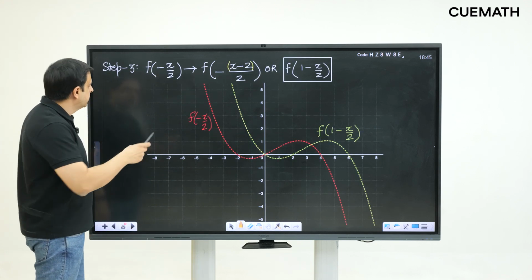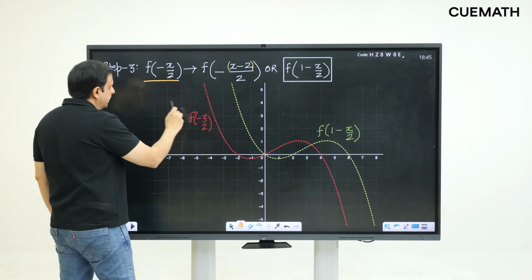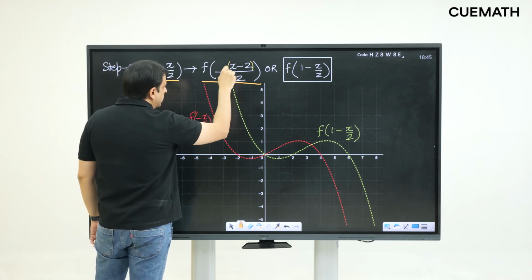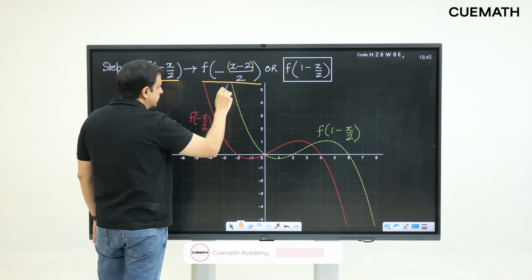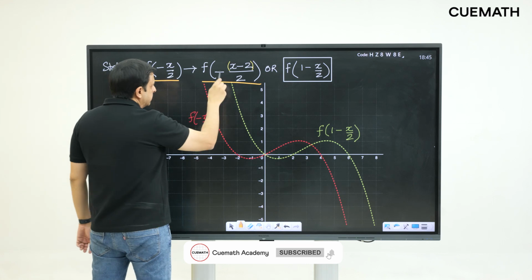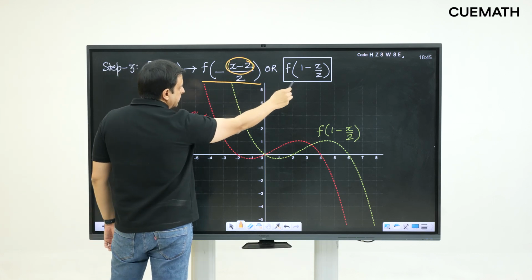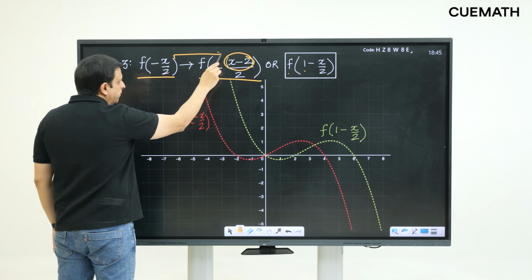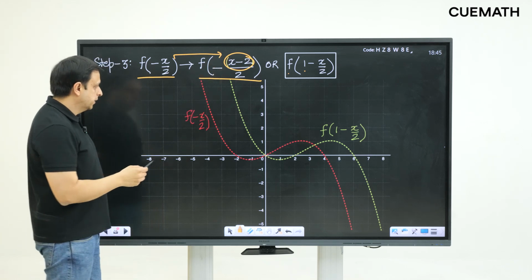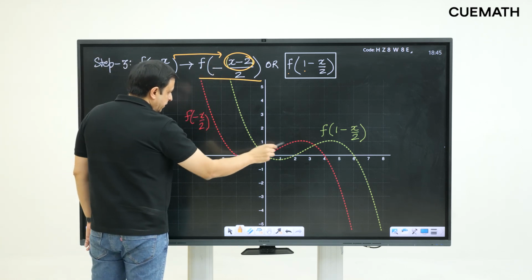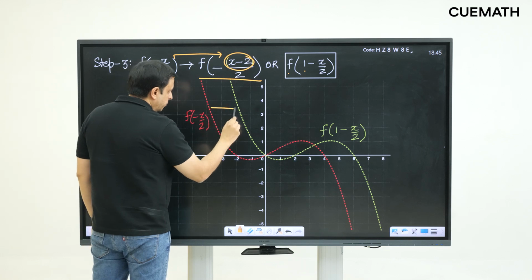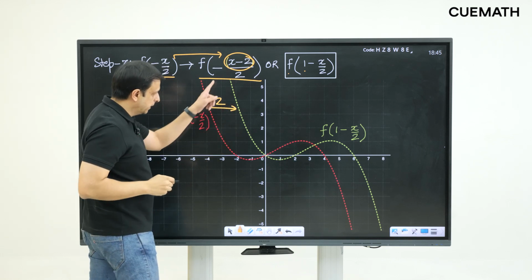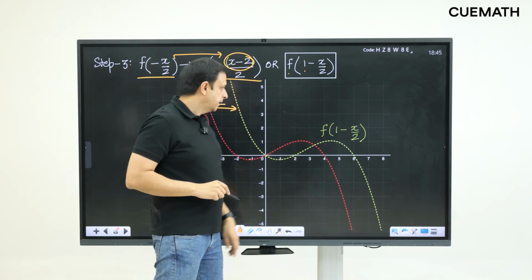Then in step 3, I modify f(-x/2) to f of minus, instead of x I write x - 2, over 2, and therefore once I open this bracket, that gives me f(1 - x/2). This transformation is simply a delay of 2 units. You can see here the original function f(-x/2), you delay it by 2 units and you get this function over here.